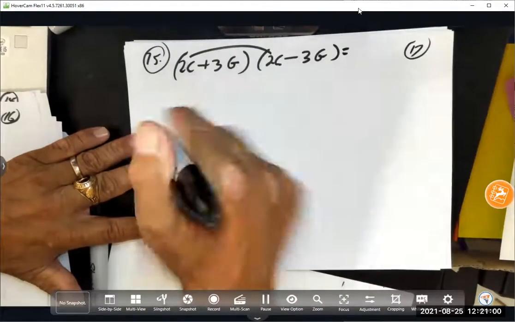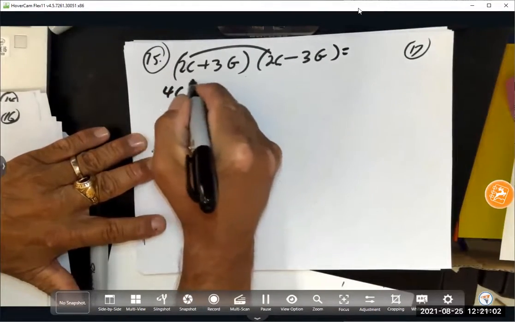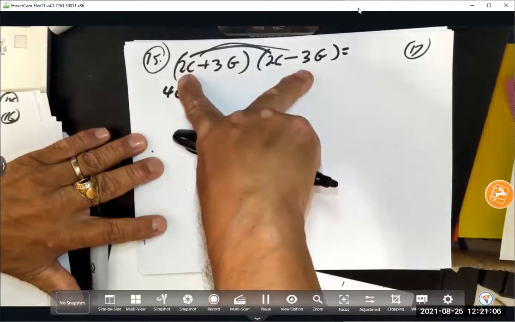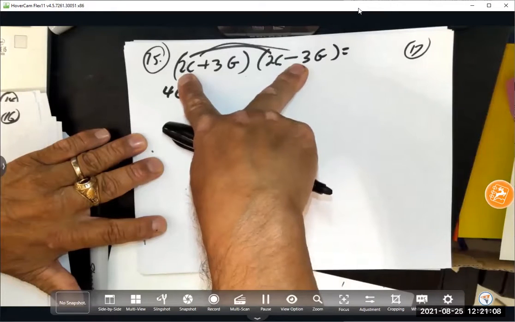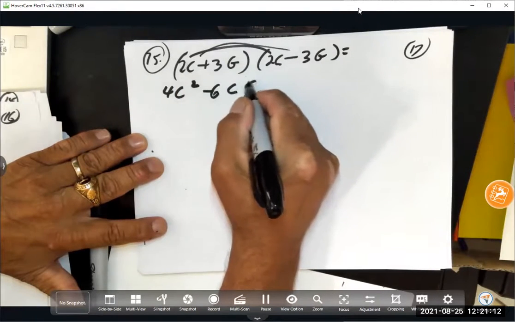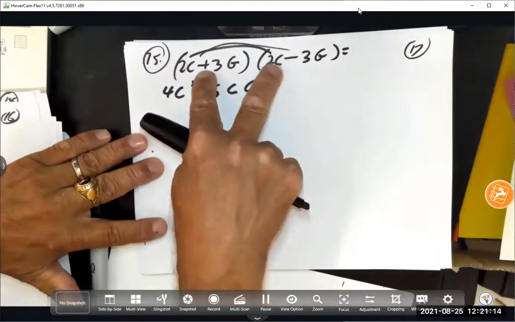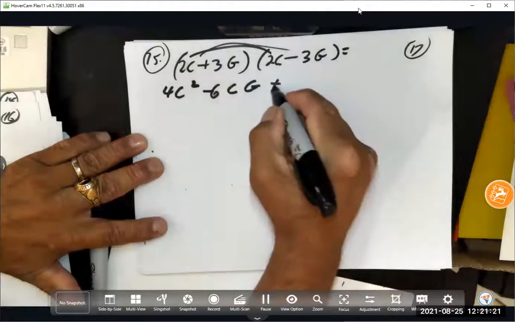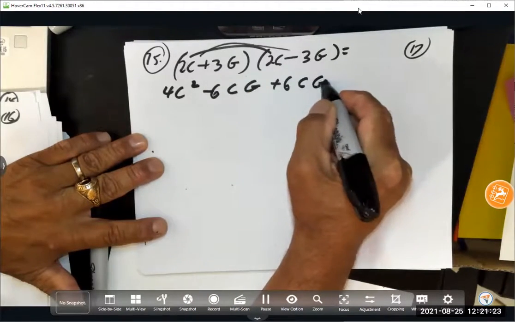Positive 4c squared. And what's 2c times negative 3g? Negative 6cg. That's right. And what's 3g times the 2c? Positive 6gc, or cg, yeah, that's right.